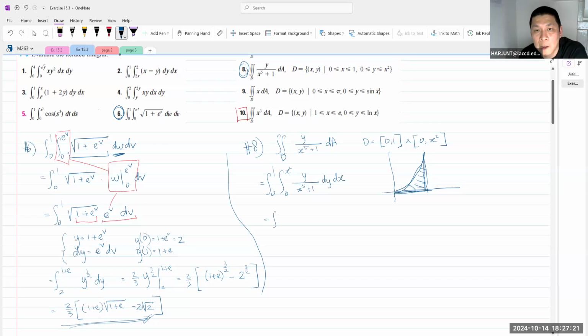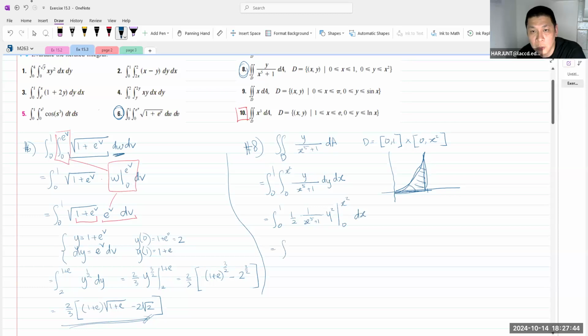Integrating with respect to y, that will give us 1/2 y squared, so 1/2 times 1 over x to the 5th plus 1 times y squared from 0 to x squared dx.